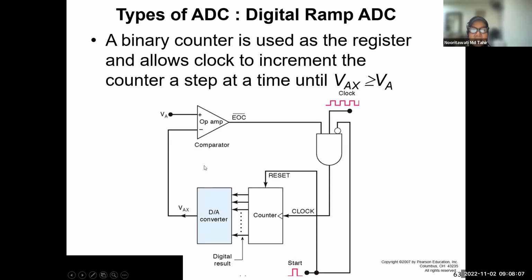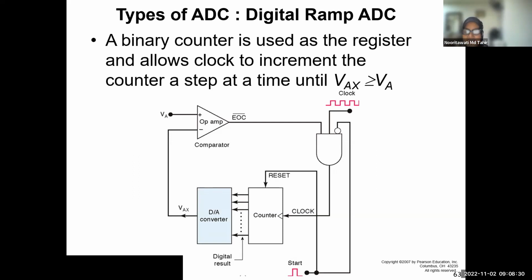Okay, so the whole circuit is known as analog to digital converter. What it is doing, it is converting the analog signal which is input here, VA, V analog, and hasilnya final adalah di sini, digital results ni. Okay, selagi conversion belum complete, the process continues until it converts to the digital equivalent.